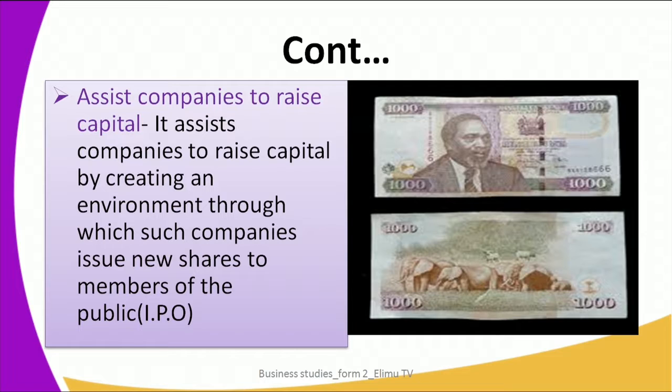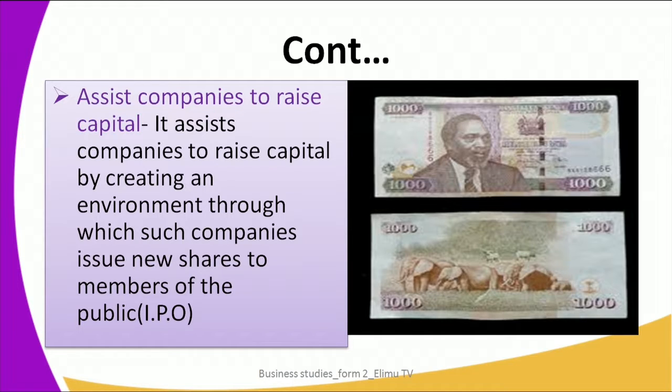The other role of the stock exchange market is that it assists companies to raise capital. As we discussed earlier when we were discussing companies, the main source of capital for companies is the sale of shares.